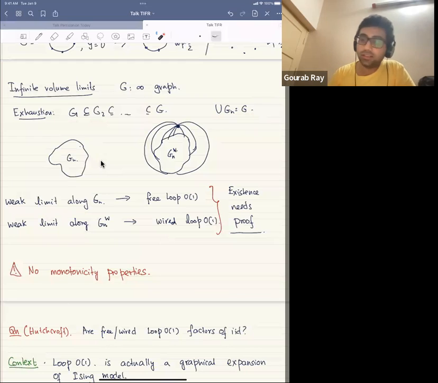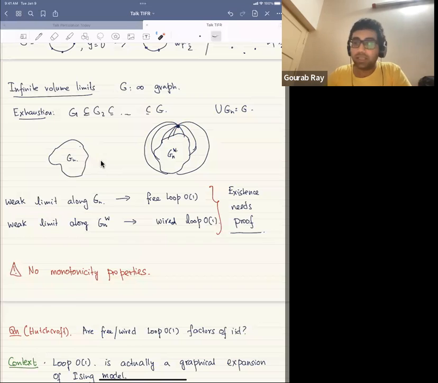There are two things you can do. One is you take the sequence of graphs and take the loop O(1) model on Gn, and hope that there is a limit as the union of the Gn becomes G. The other thing you can do, which is also going to be of interest, is to clump every vertex outside Gn into a single vertex and erase all the self loops. This is called the wired boundary condition, and you hope that this has a limit as well.